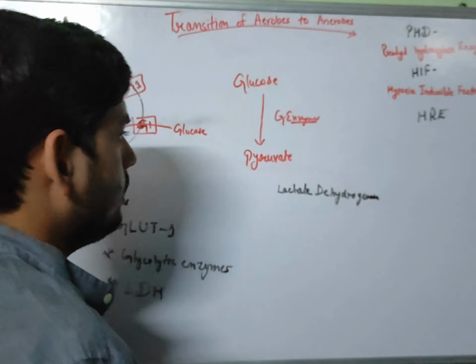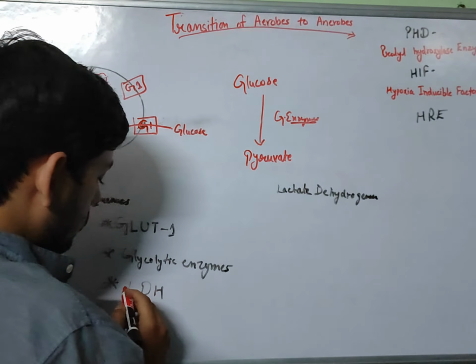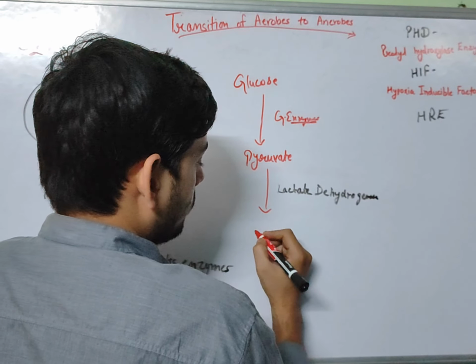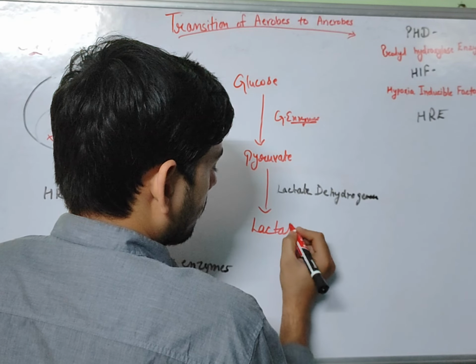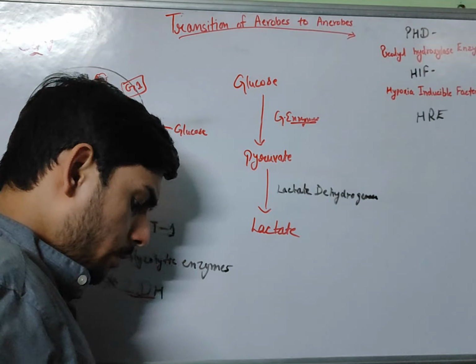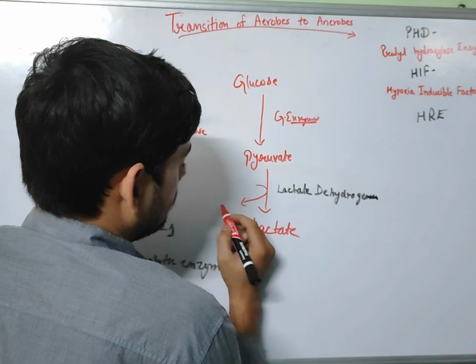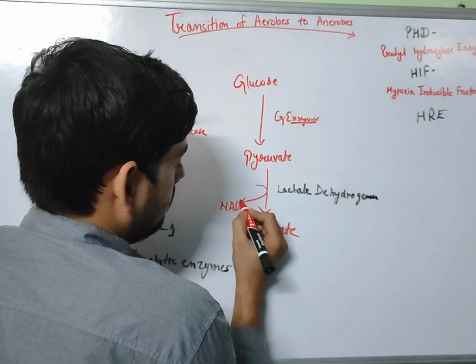As I was saying, it will also produce the lactate dehydrogenase enzyme. It will convert this pyruvate into lactate. The conversion of pyruvate into lactate is very important because it helps in the regeneration of NAD positive.